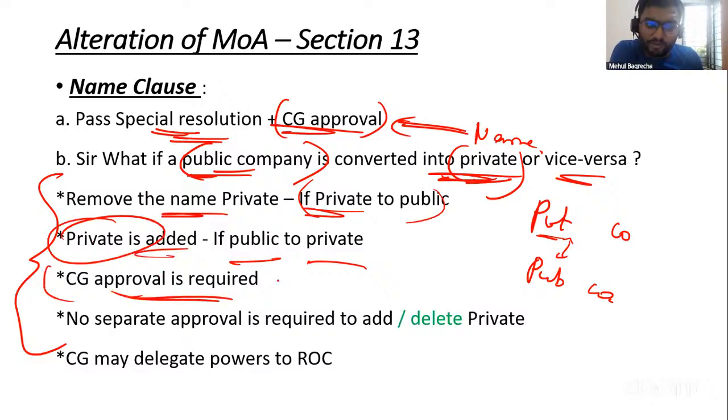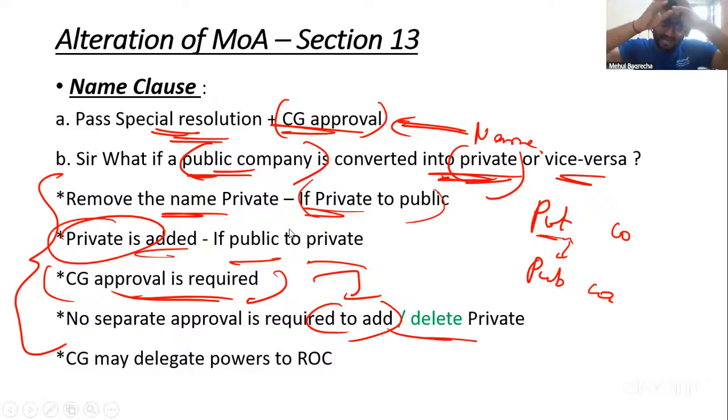Central government approval is required, but no separate approval you will be getting only for adding or deleting the word private. Why? Because anyway, you have a detailed procedure for conversion. In that itself, you would have taken all the powers, all the approvals. So you don't have to separately take any approval for adding the word private or deleting the word private. Clear? Everyone understood the point?